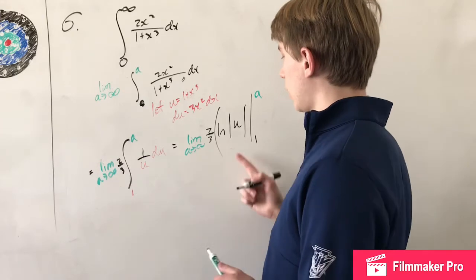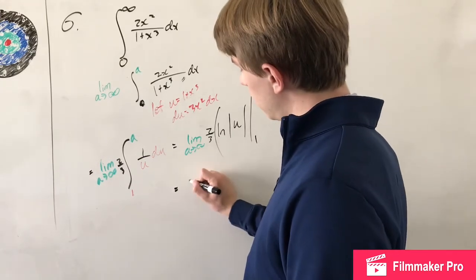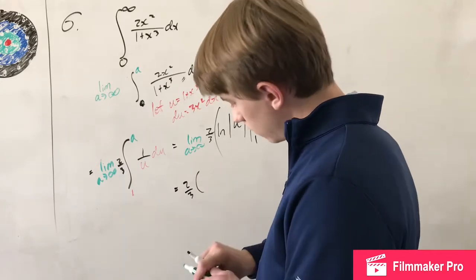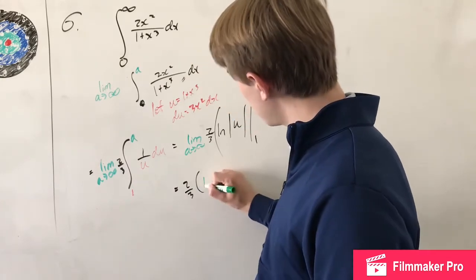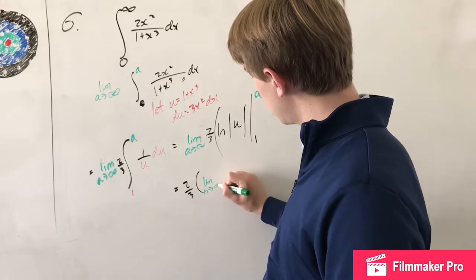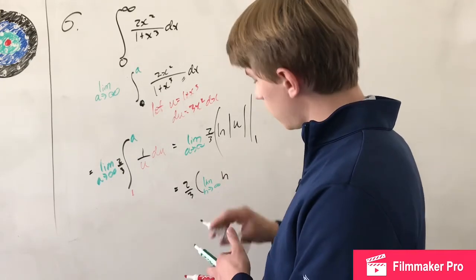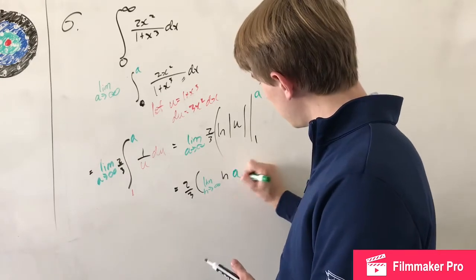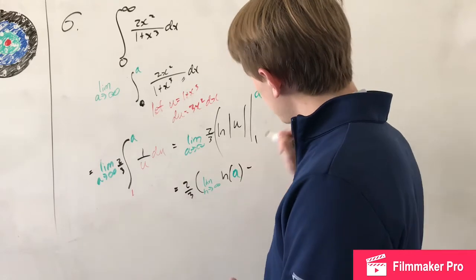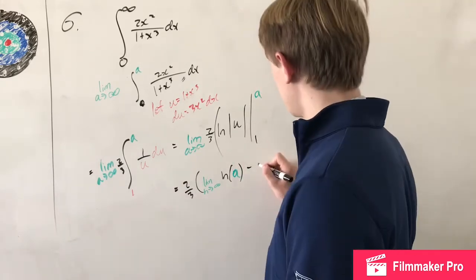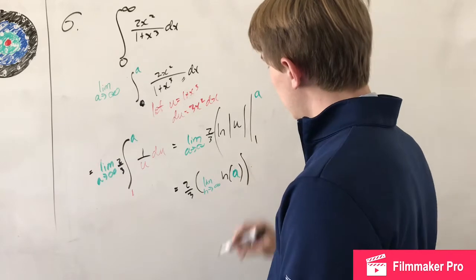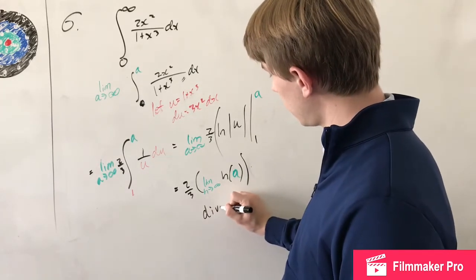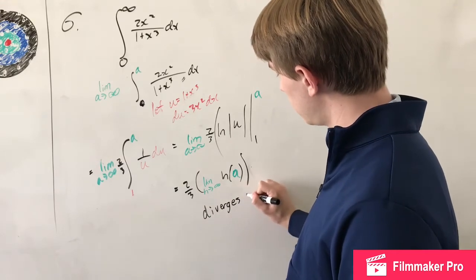So this will end up being 2/3 natural log of a, minus natural log of 1 is 0, so it's actually just this. But that is divergent, so there's no answer. It just diverges.